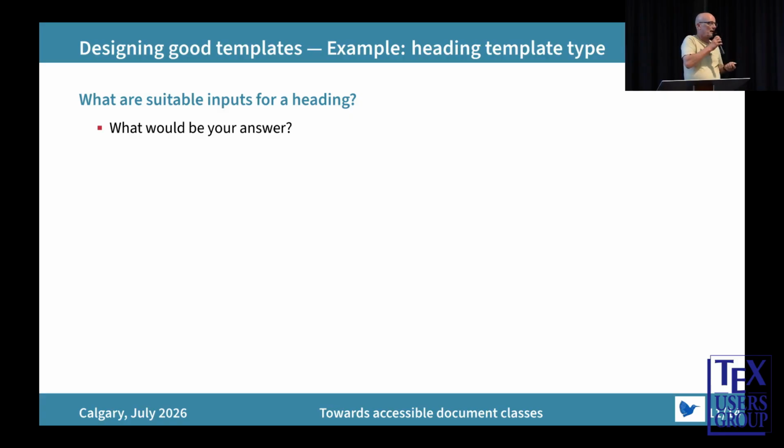Title, TOC title. Sorry? Position. Position centered or left is a layout. It's not a document input. You wouldn't put it as a document input. I'm talking about document inputs. What is coming from the document? Sometimes, in some situations, people want to put some special artwork after the title.